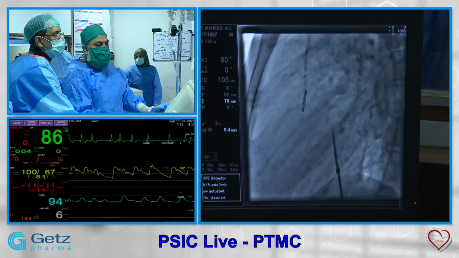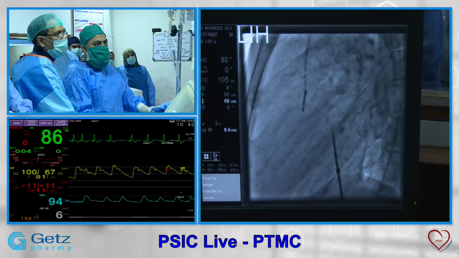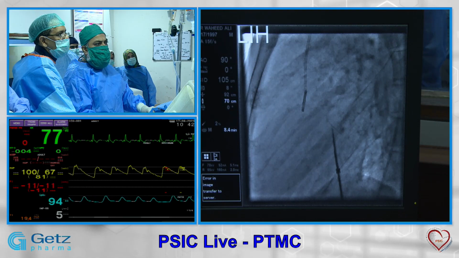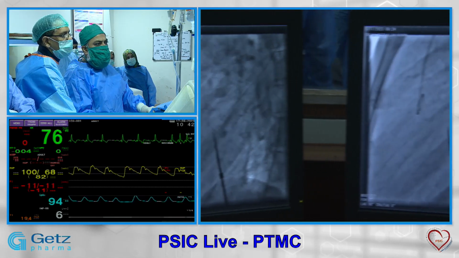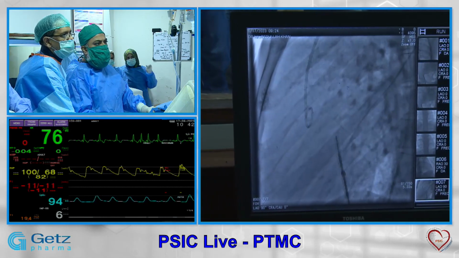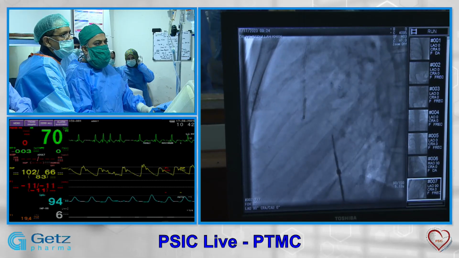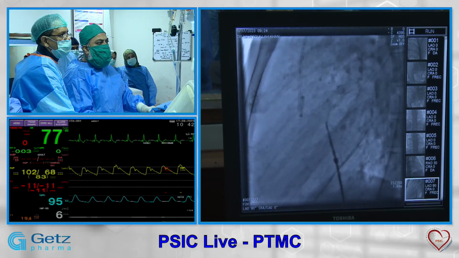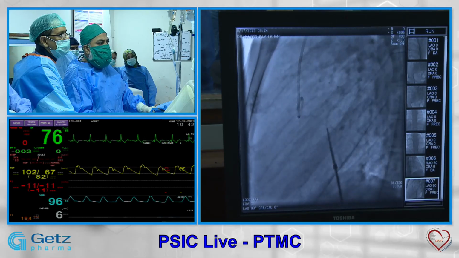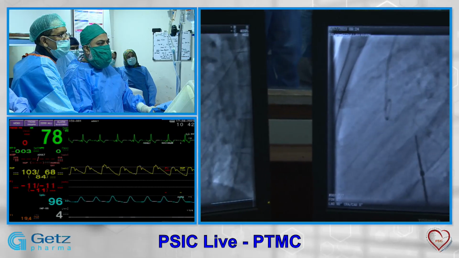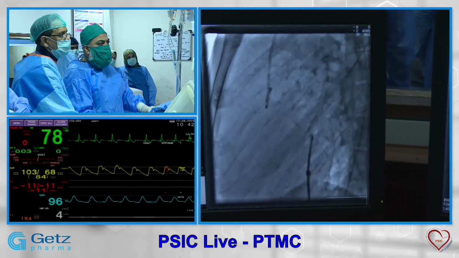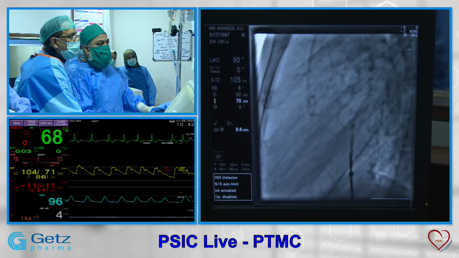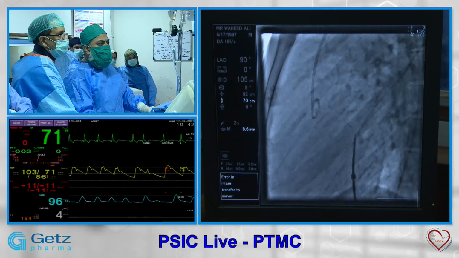We'll see. You can see the septum. Capture. You can see the septum now. But this will be very close to the mitral valve. So I'll try to pull back and rotate to 4, 5 o'clock. Yes, this one.